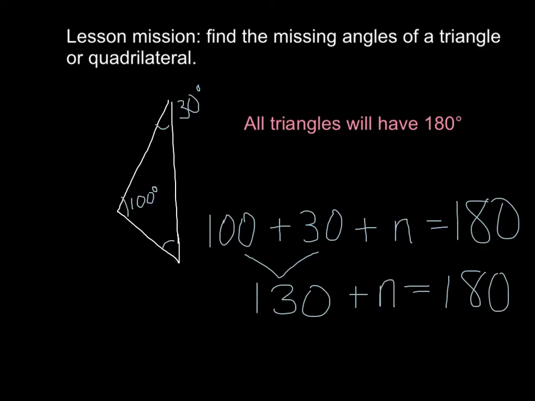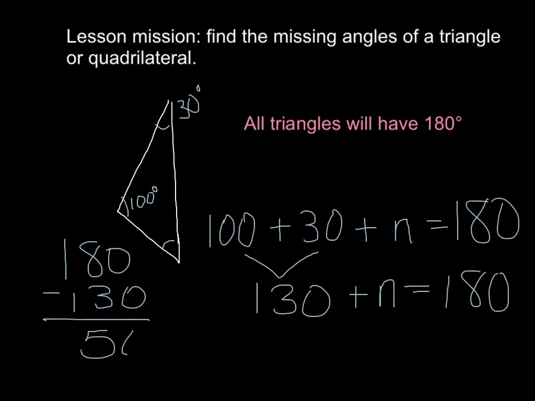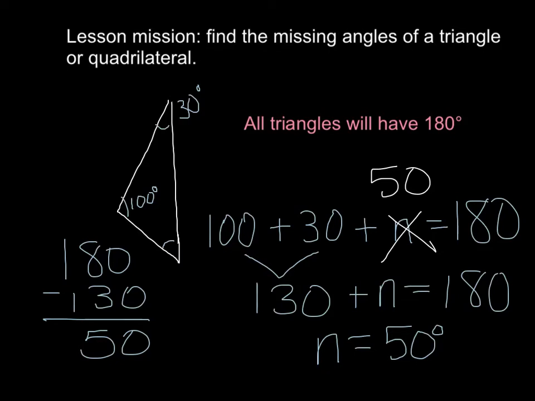You can subtract to figure it out. 180 minus 130 is 50. So n, our missing angle, should be 50 degrees. And we could check that by replacing n with 50. Then 100 plus 30 plus 50 will add up to 180.